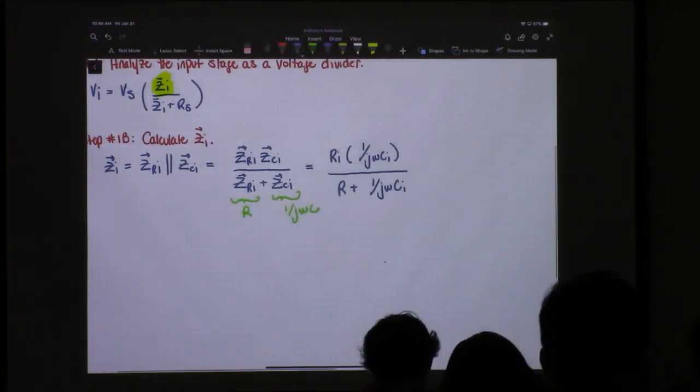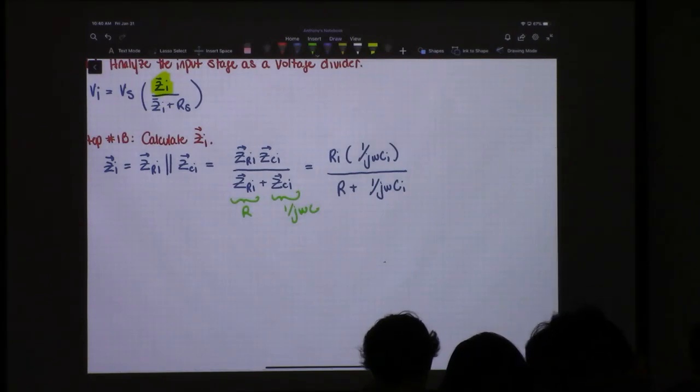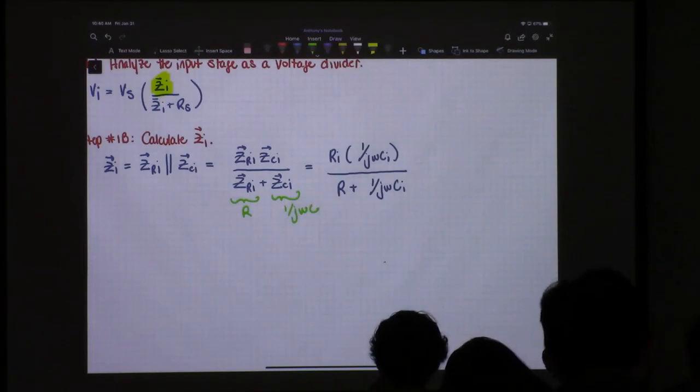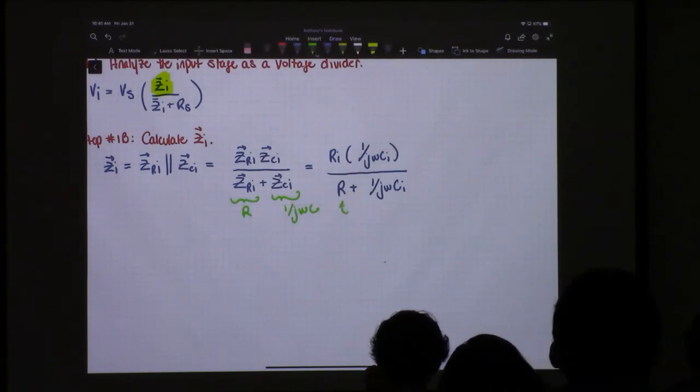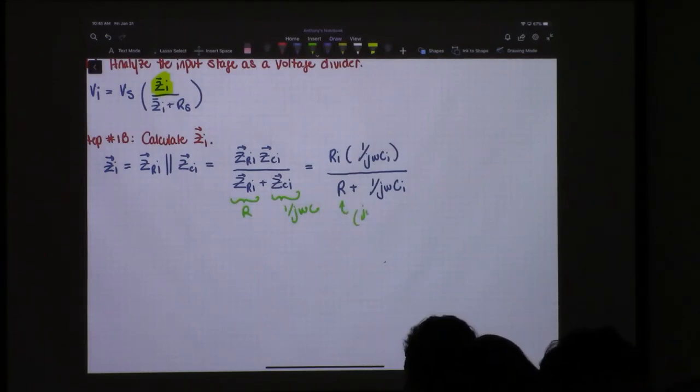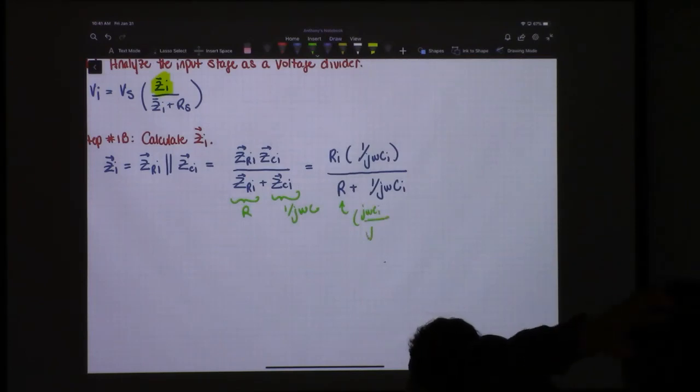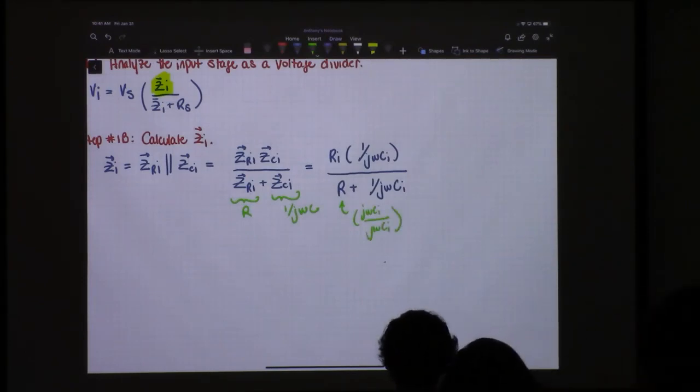In order to do that, we can simply multiply this term right here by j omega Ci over j omega Ci, right? Because that's equal to 1.